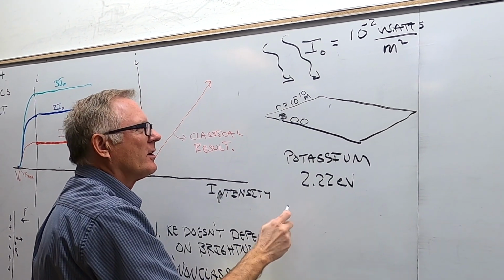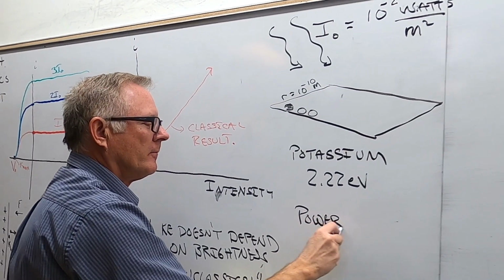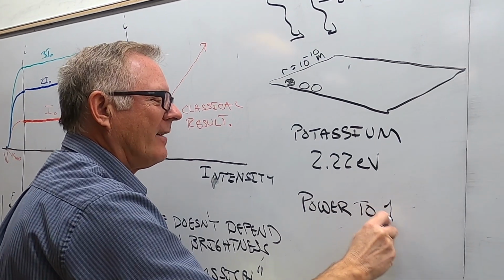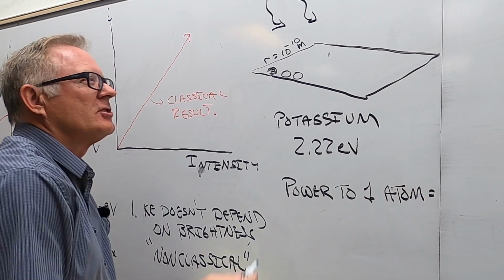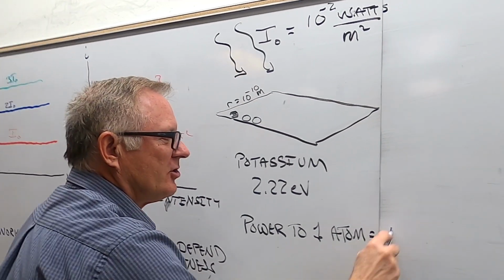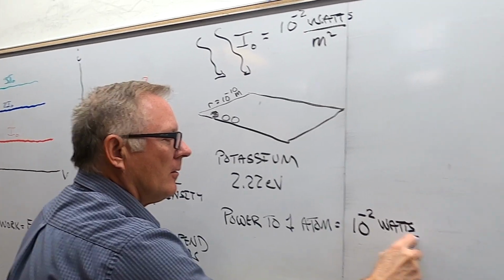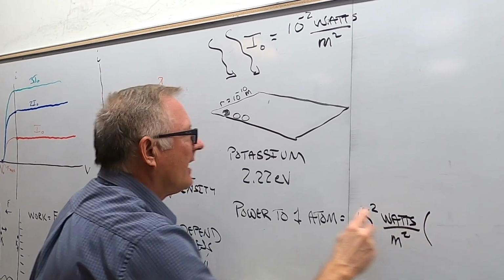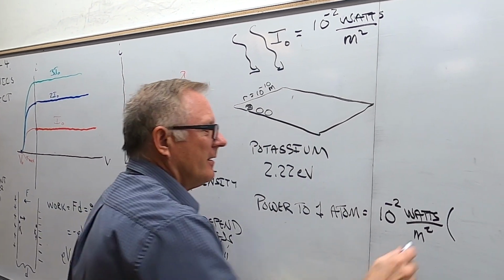So the power to one atom is just going to be that 10 to the minus 2 watts per square meter times the area. The area of a circle is just pi r squared.